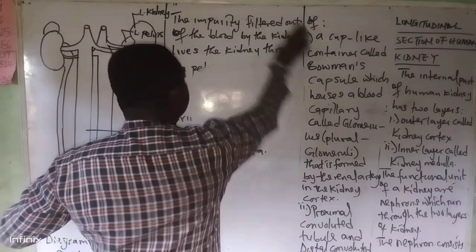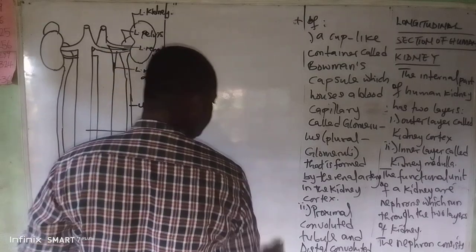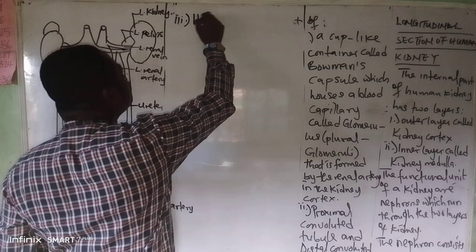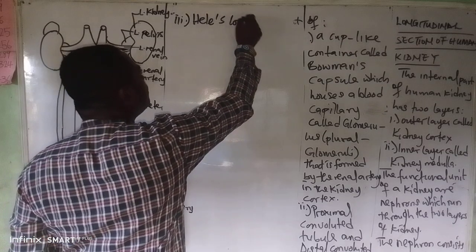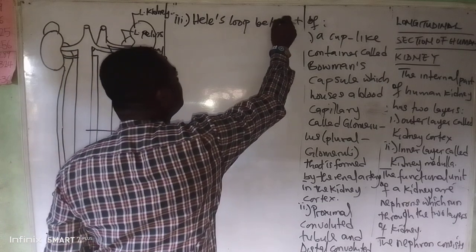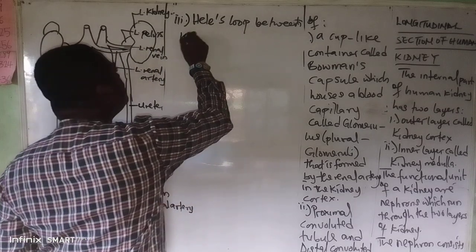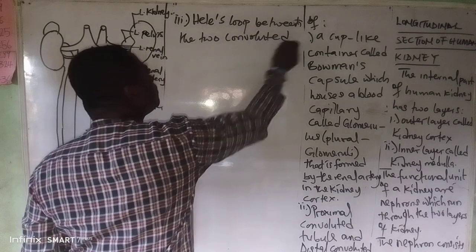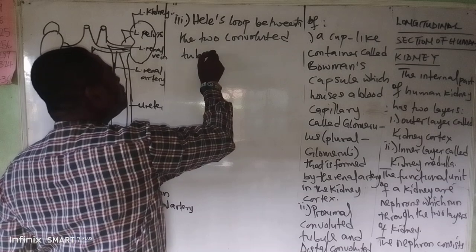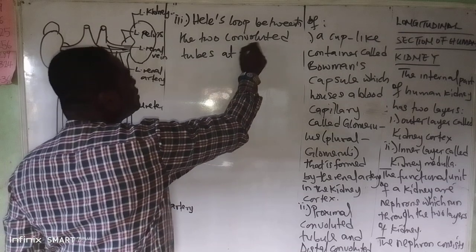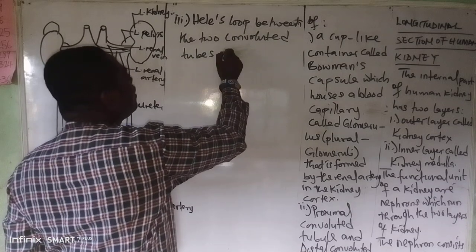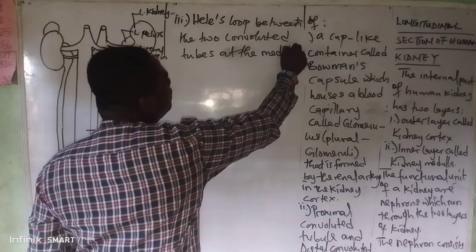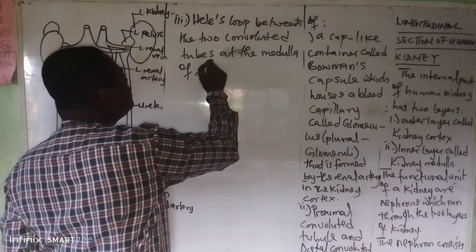We are going to look at that. Then you have number 3, the loop of Henle between the two convoluted tubules, also at the medulla of the kidney.